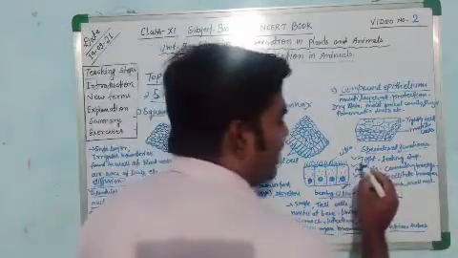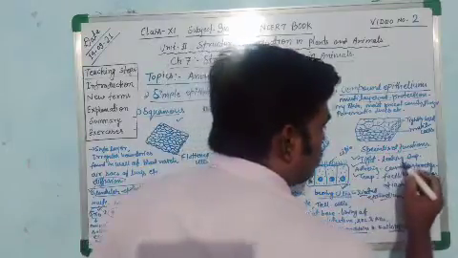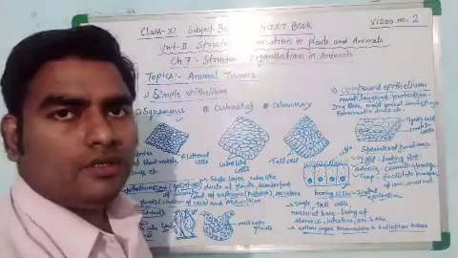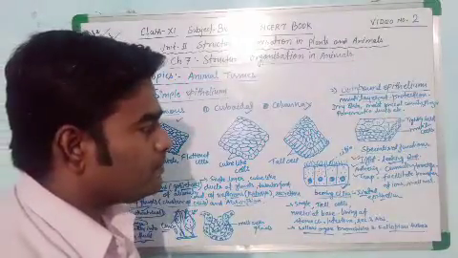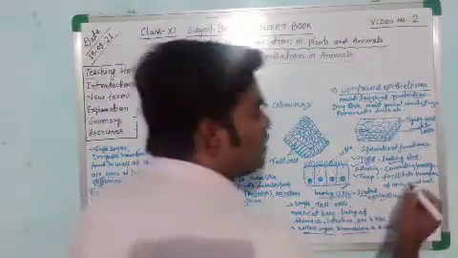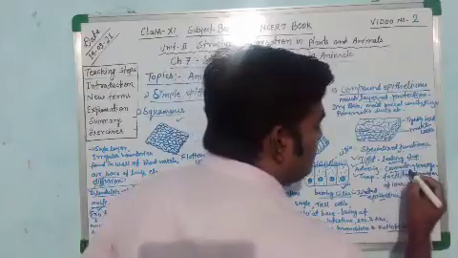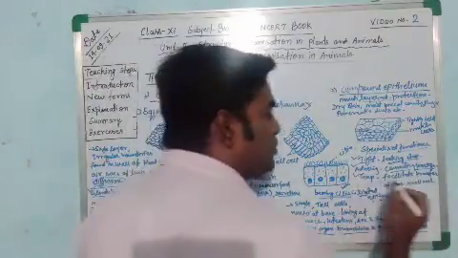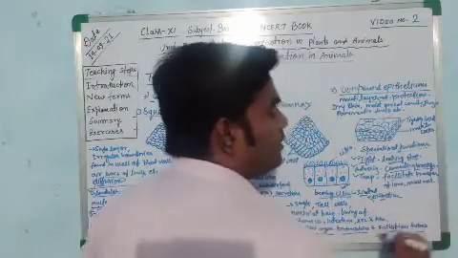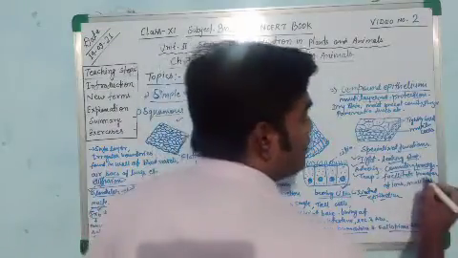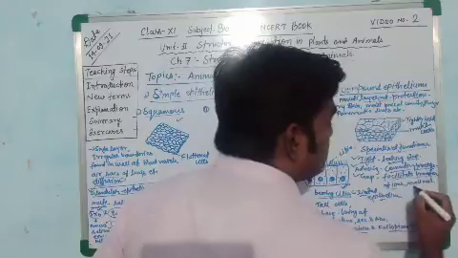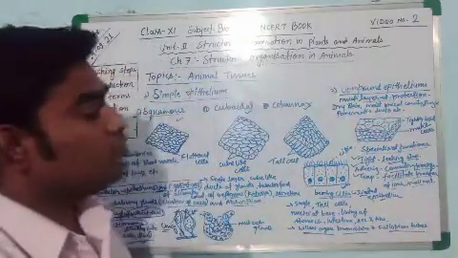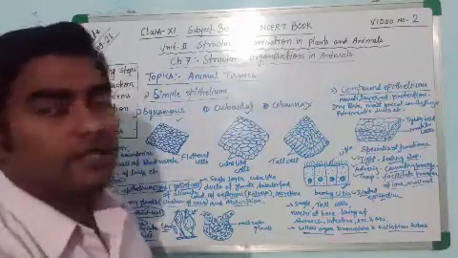Tight junctions help to stop the leakage of body fluid to the outside. Adhering junctions help in cementing the neighboring cells, and gap junctions facilitate communication by the transfer of ions, small molecules and sometimes big molecules from one cell to another cell.